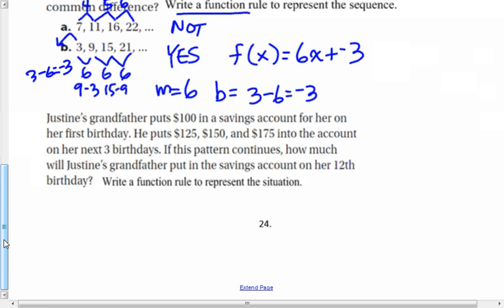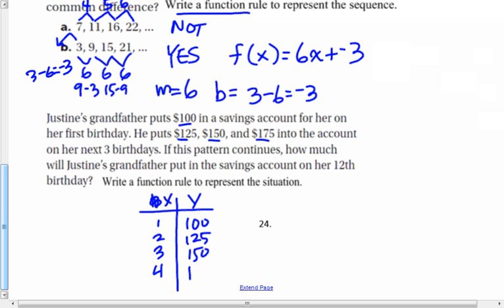And in this problem, we can also represent a problem as an arithmetic sequence. Justine's grandfather puts $100 in a savings account on her first birthday. He puts $125, $150, $175 into the account on her next 3 birthdays. So let's put the birthday here. We'll call that X. So first birthday, second birthday, third, fourth, etc. And then Y is how much money she has. So 100, 125, 150 is put in, and so on.